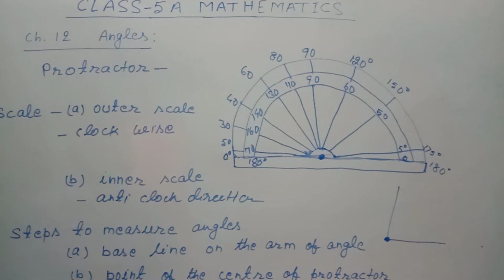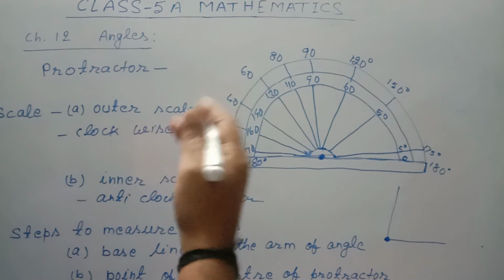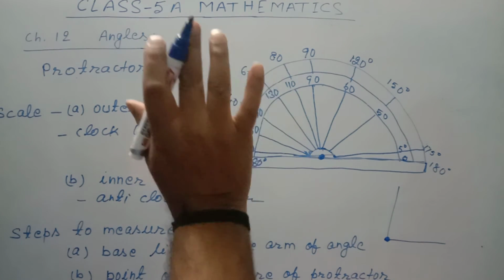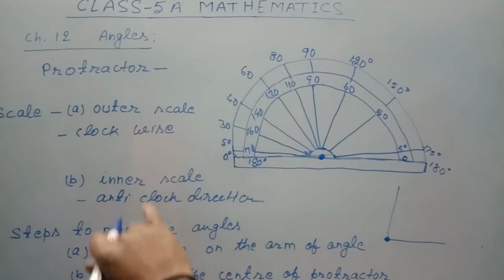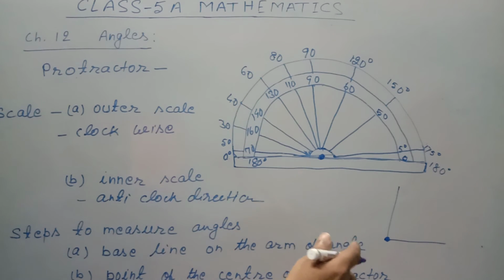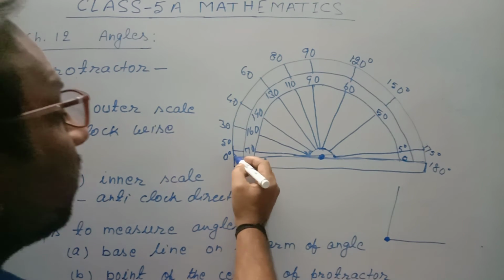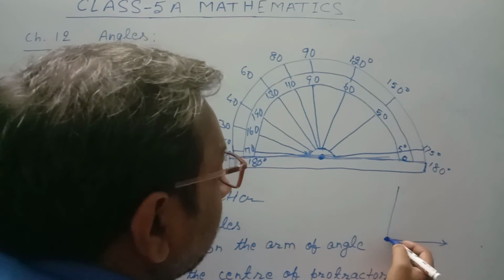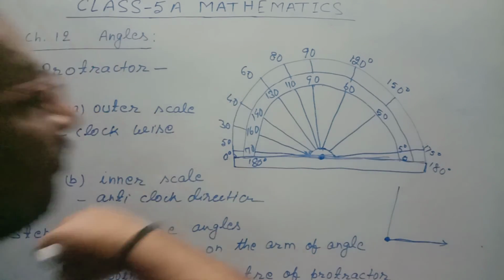Now what will happen? Which scale will you use? Till here it is okay. You saw two steps. How to measure the angles? First of all, the baseline of the protractor should lie on the ray of the angle.